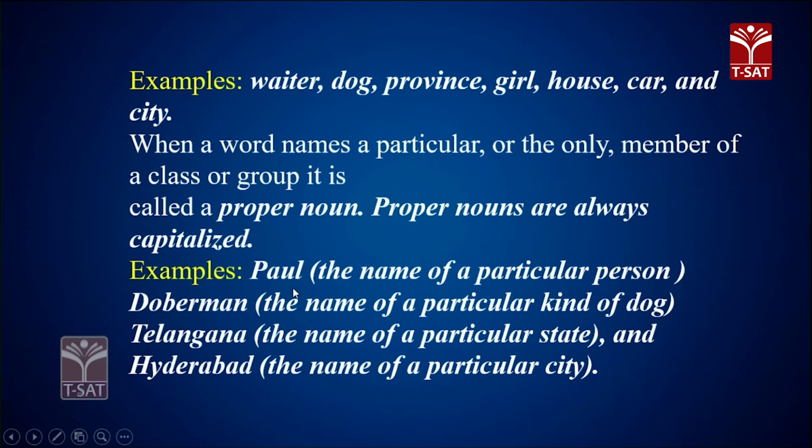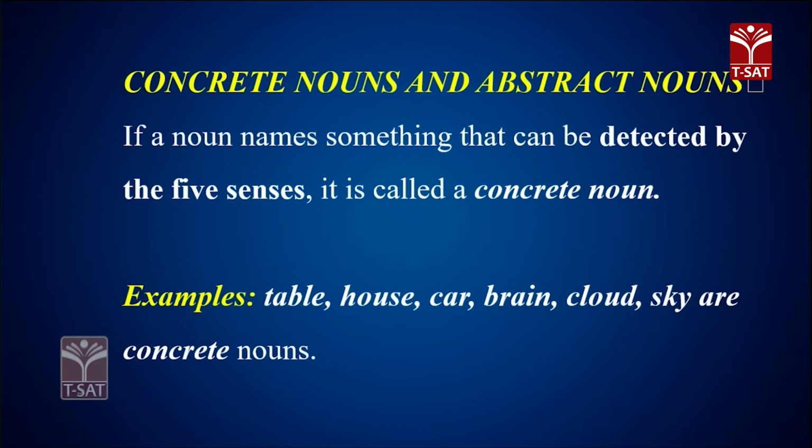Now you see examples given here: Paul, the name of a particular person; Doberman, the name of a particular kind of dog; Telangana, the name of a particular state; and Hyderabad, the name of a particular city. All these four words are capitalized, right? The third category: concrete nouns and abstract nouns.